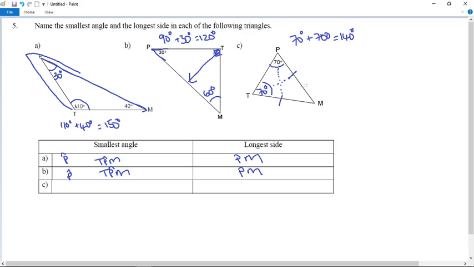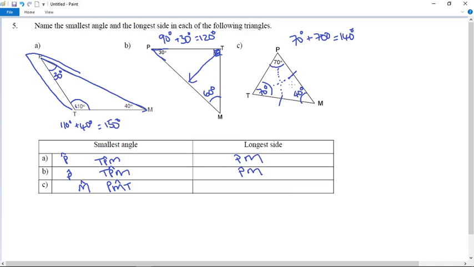So 180 minus 140 means this must be 40 degrees over here. So the smallest angle is 40 degrees, and it is angle PMT. Remember to put the little cap on the M. Can you see it's the angle described between those two lines? Or we could have written angle M like that.